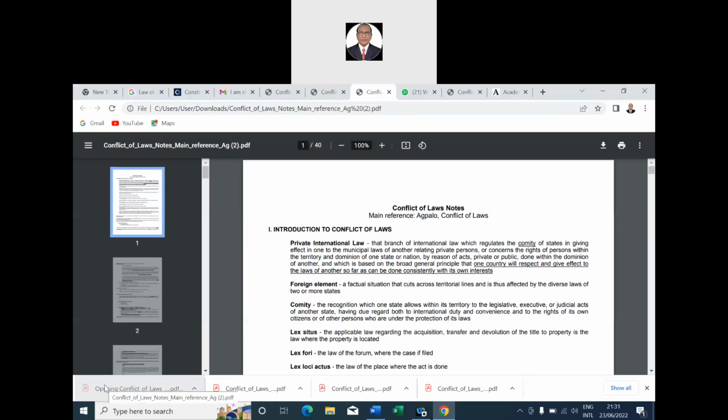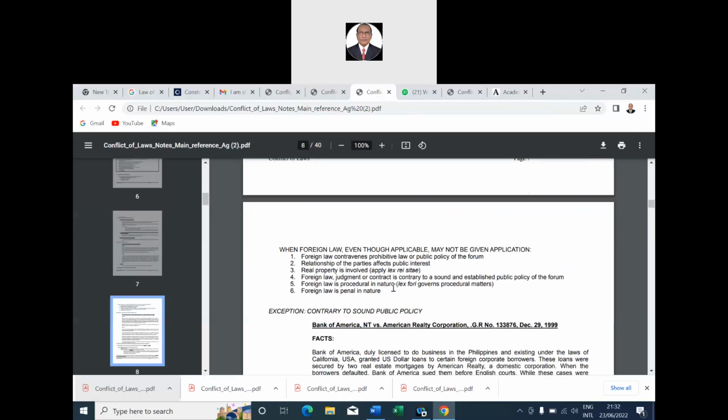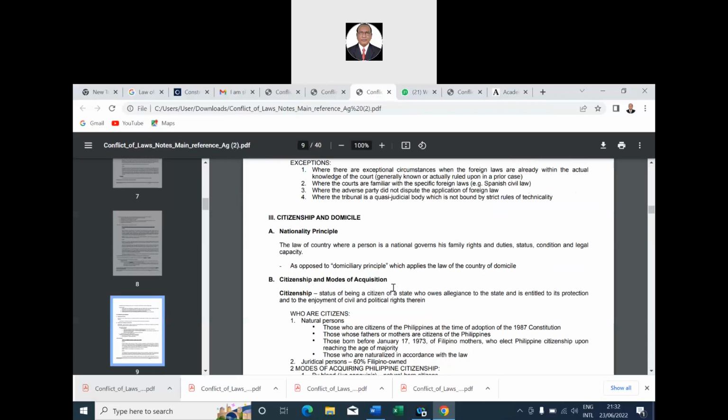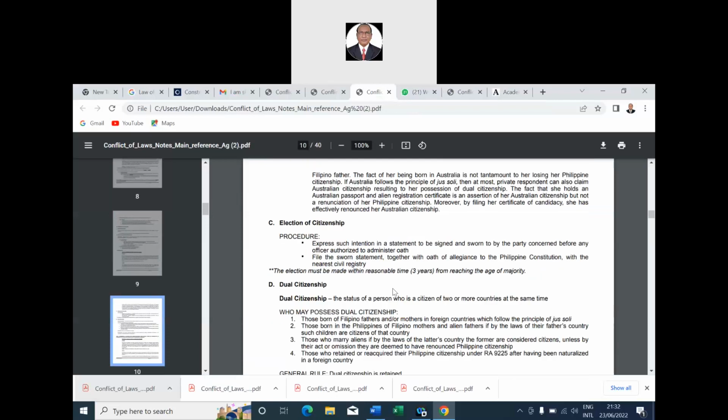Let me scroll it. Then we'll see. It starts from the 22nd page, if I am not mistaken. 22nd page means still we are at the ninth only. We will scroll down.